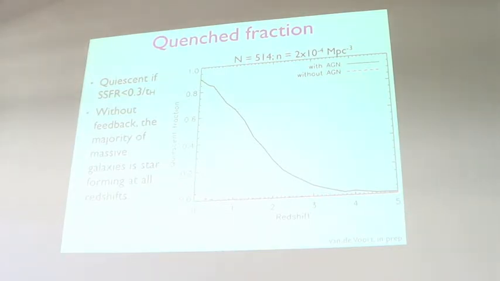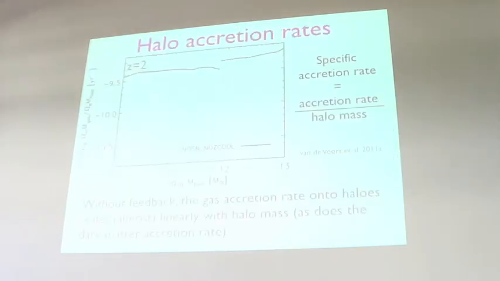There's absolutely no galaxy that would qualify as a quenched galaxy. They're all massively star forming, even the most massive ones. But if you add AGN feedback, then this quenched fraction increases from 0 at redshift 5 to 90% at redshift 0.